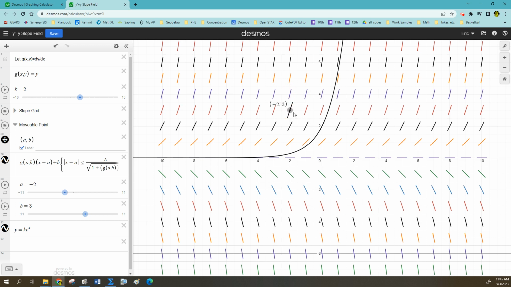This little point, as I drag it, is going to change in response to what the vector field is, and it tells me what the slope of the tangent is at all these points. What it's reading out are the values of x and y, but the tilt of that thing is showing you the slope, right? Okay.